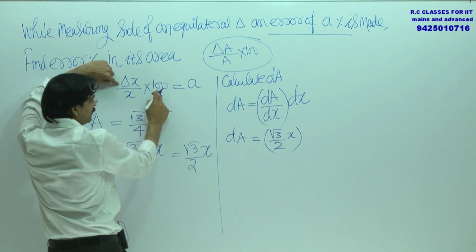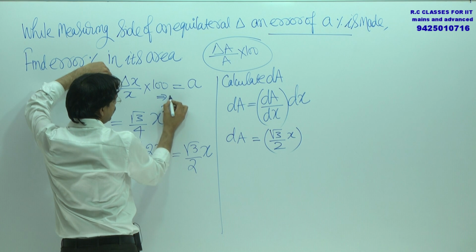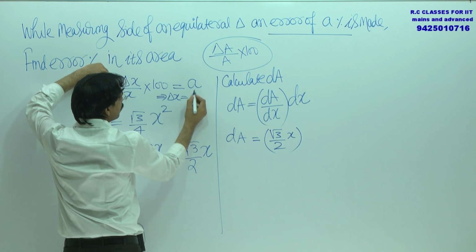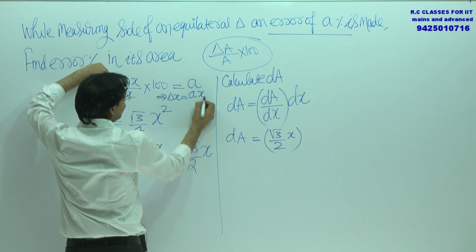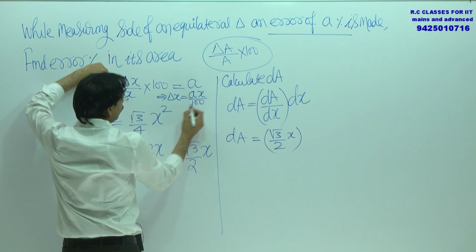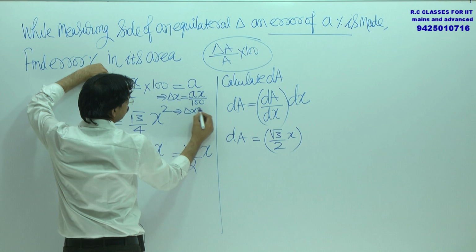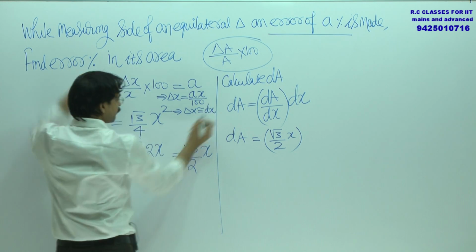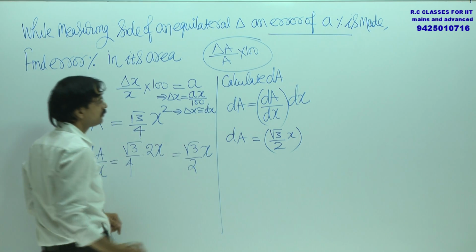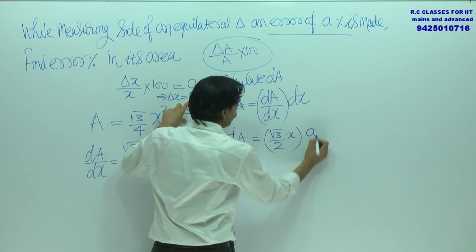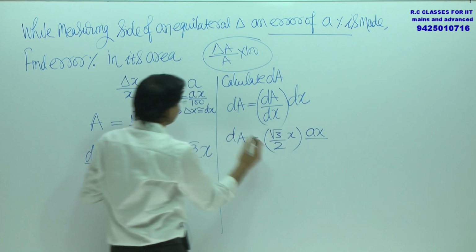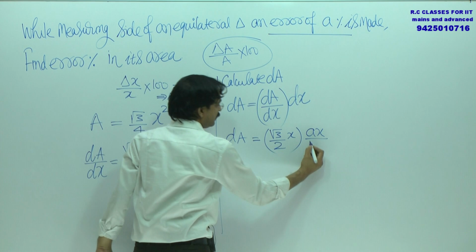That delta x upon x into 100 is equal to A. So that delta x is equal to A into x by 100. And that delta x is clearly equivalent to dx, right? So we have kept the value of delta x as dx here, A x by 100.